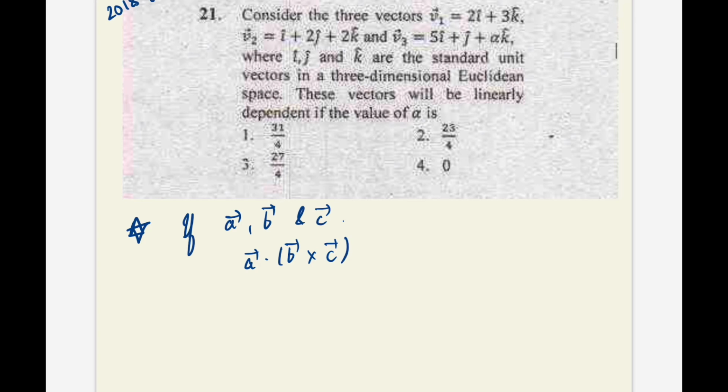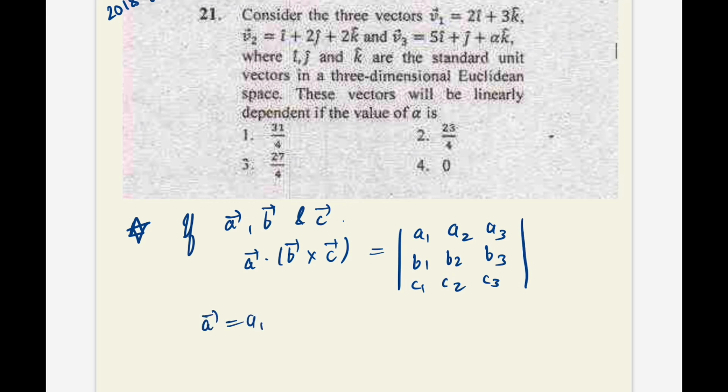This is a triple product. This is represented as the determinant with rows A1, A2, A3; B1, B2, B3; C1, C2, C3. Here A is A1 i plus A2 j plus A3 k, and similarly all others can be written like that.